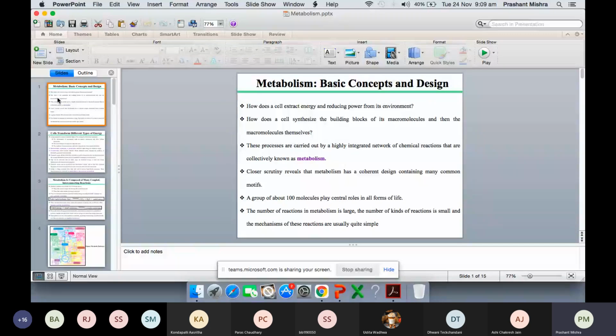Here, the number of molecules is relatively less, but they carry out a lot of reactions. That is what we are going to talk about. The number of reactions in metabolism is large, and the number of kinds of reaction is small. The other day, I talked about enzymes. We talked about six different types of reactions. So you can broadly see those six types of reactions which are happening in the biological system.